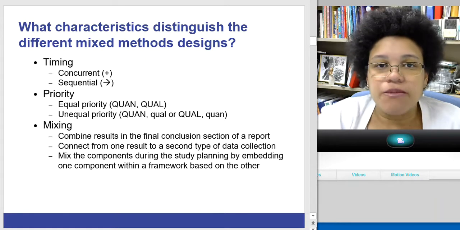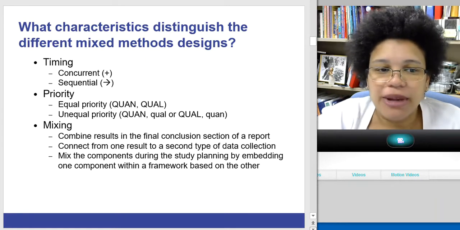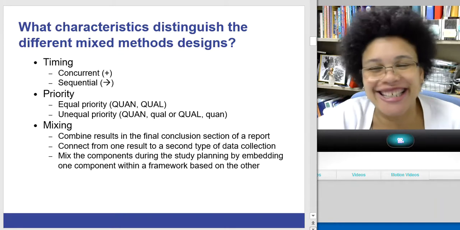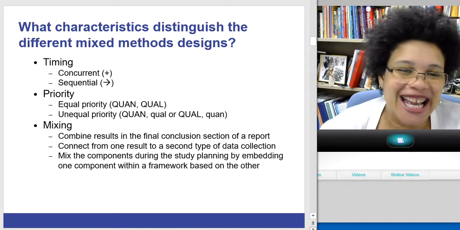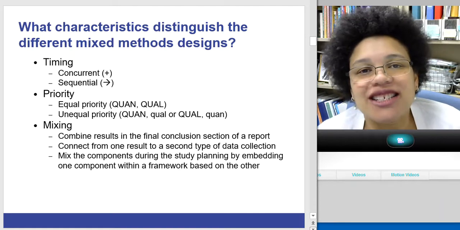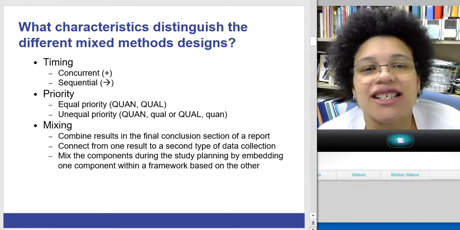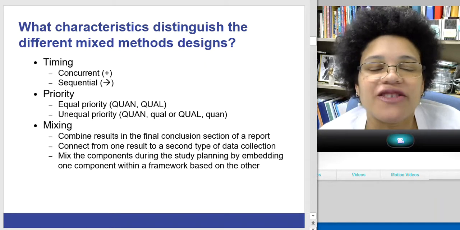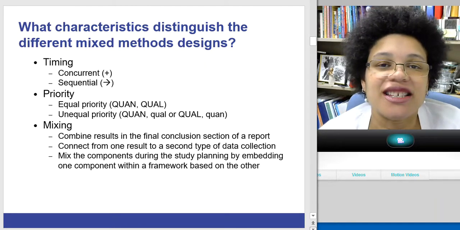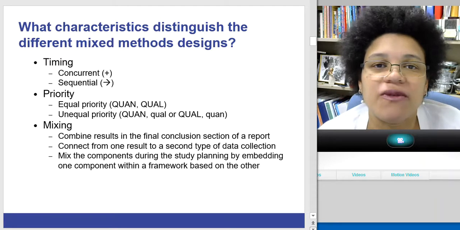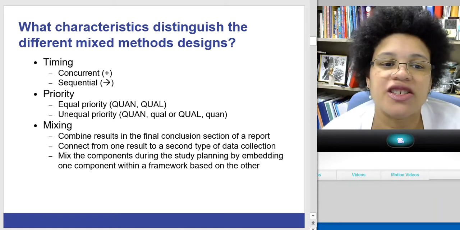Now, there are different mixed methods designs, and we're going to talk about four or five today. The timing: was the data collected, both the quantitative and qualitative parts of the study, at the same time, or did one follow the other? So concurrent or sequential.